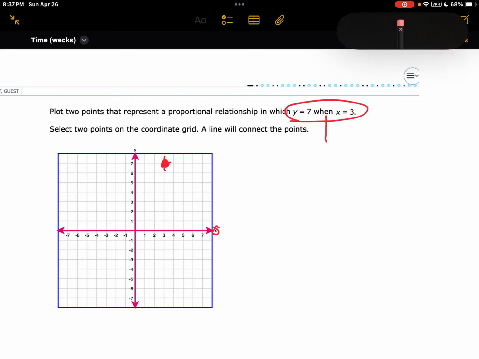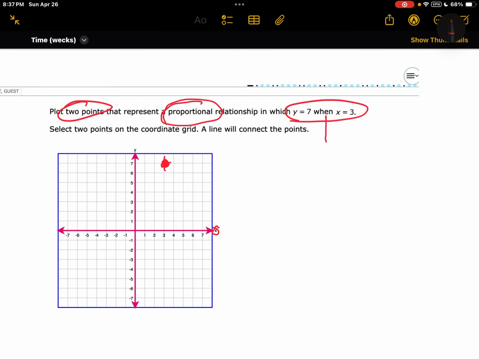Okay. And then, remember, it wants us to put 2 points. So where's the other point going to go? Well, you would have to know that proportional passes through the origin, which is at 0, 0.